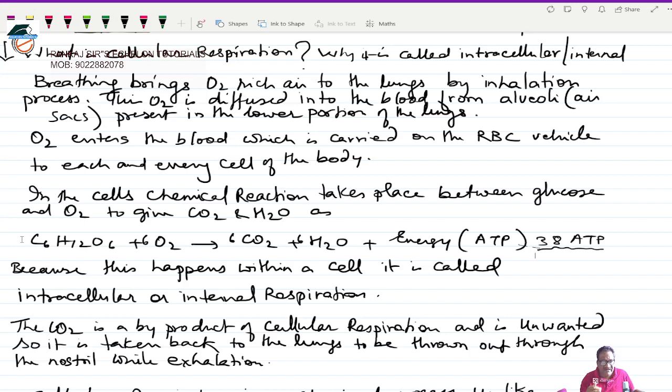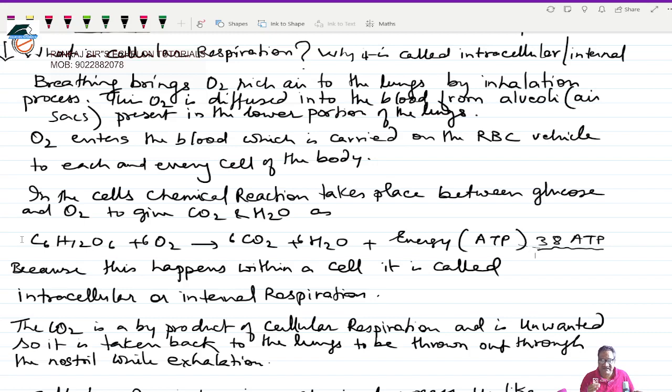This particular reaction, okay, जो cells के अंदर होता है, and because ये cells के अंदर होता है, this particular respiration is also known as intercellular respiration. Intercellular because it happens inside the cell. Okay, and it is also known as internal respiration because it is happening inside the cell.